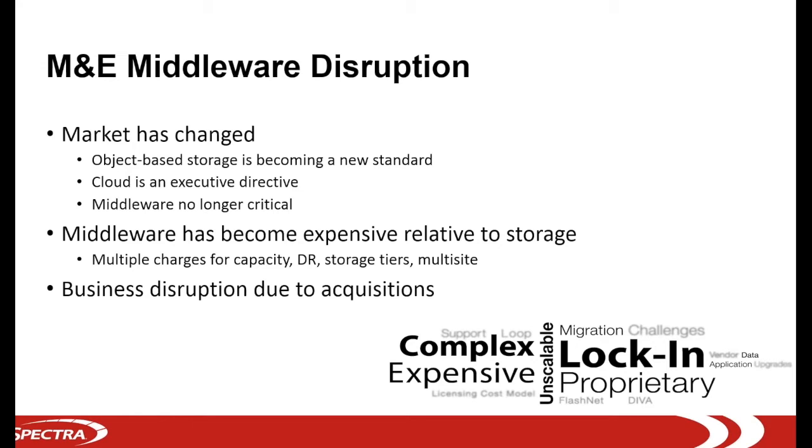The second trend that has been really taking place is that over time, the middleware has been designed for a very specific reason. It was to isolate the end users from those changes. And then, of course, as with everything, new features have been added along the way.